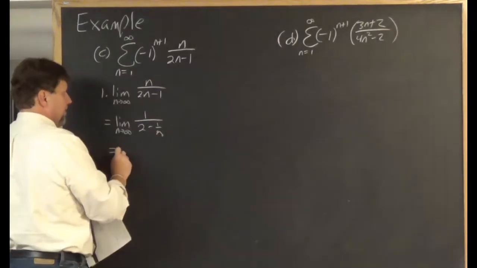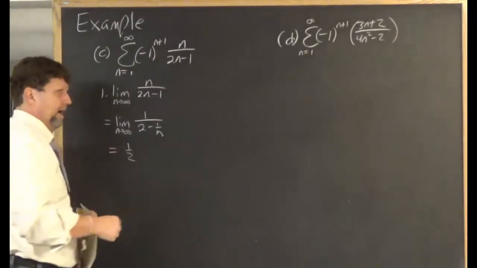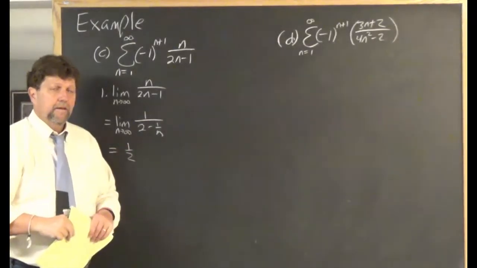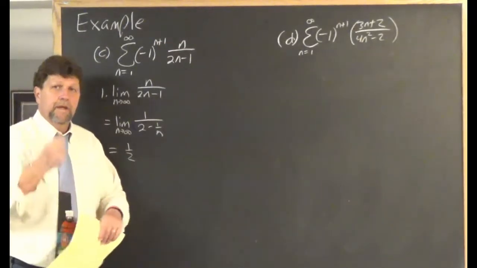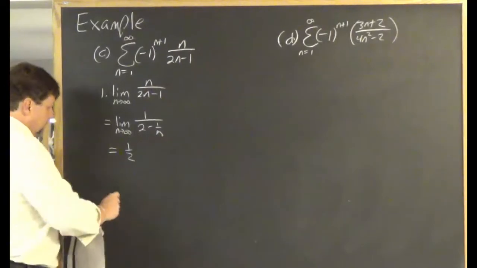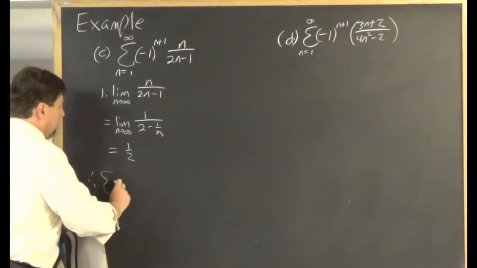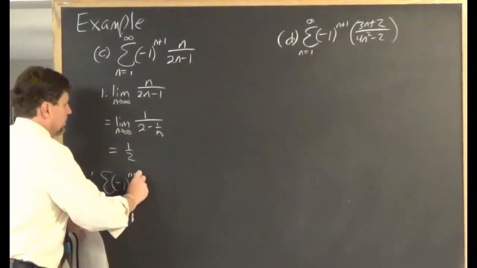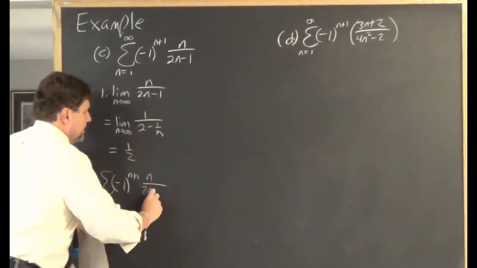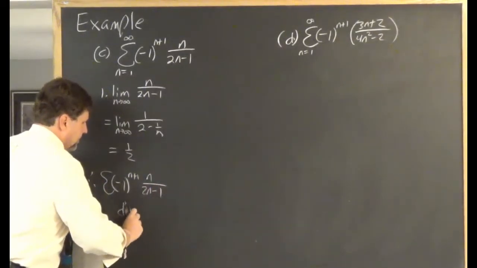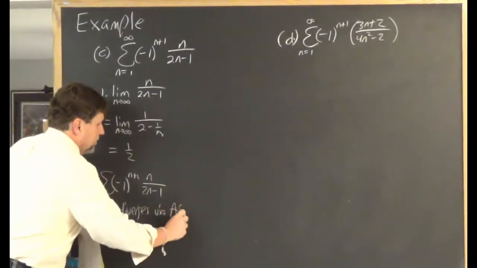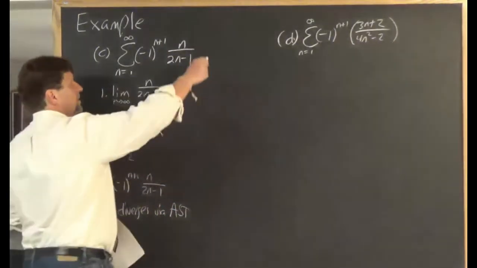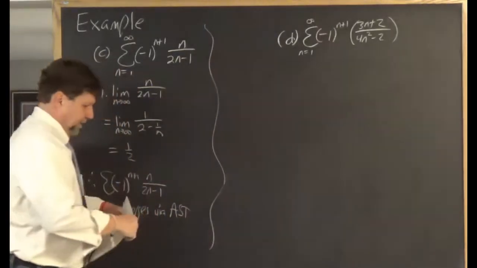And that limit is 1/2. It is not 0. That tells me I'm done. That tells me the series diverges via the alternating series test. Don't have to go any further.